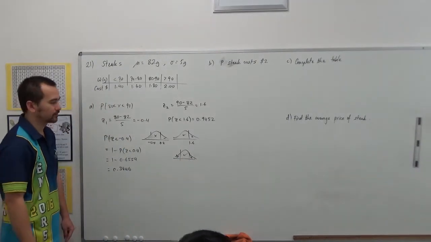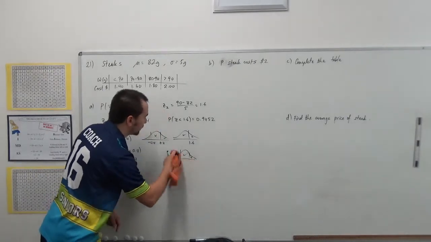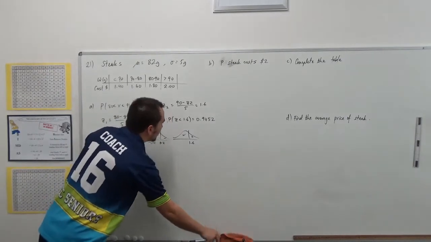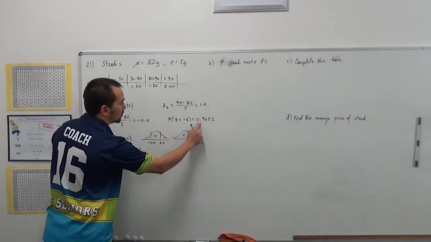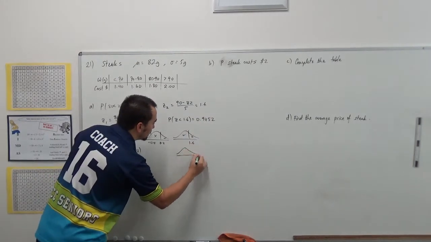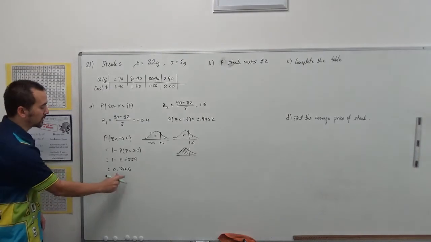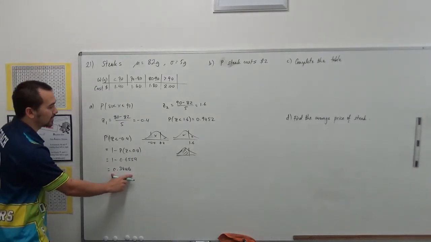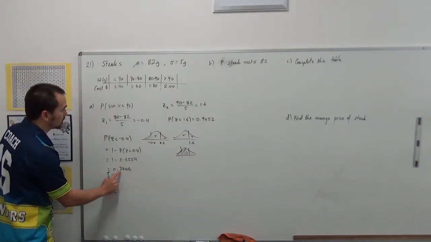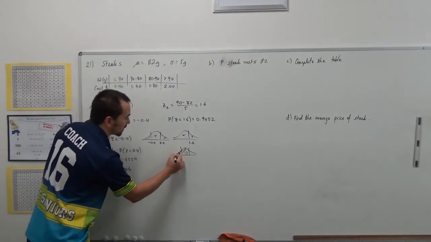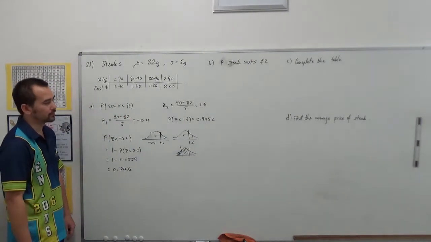Take the 90, that 0.9452, which is all of that, subtract the 80, which is 0.3446, and we'll get the middle region.